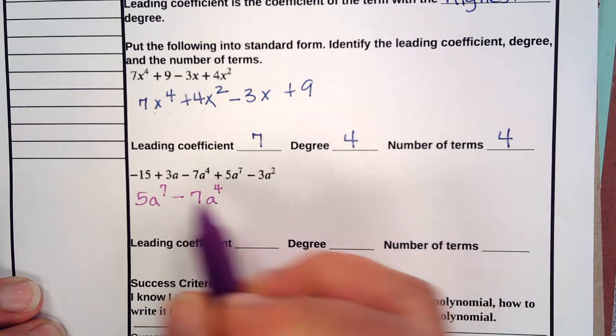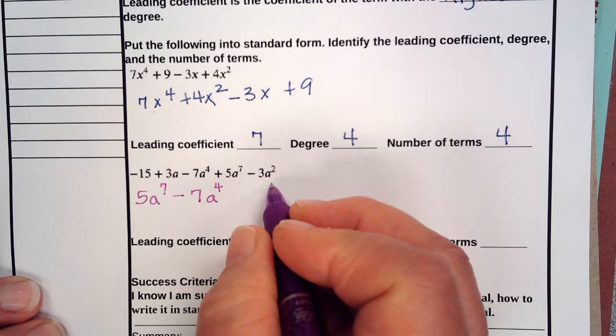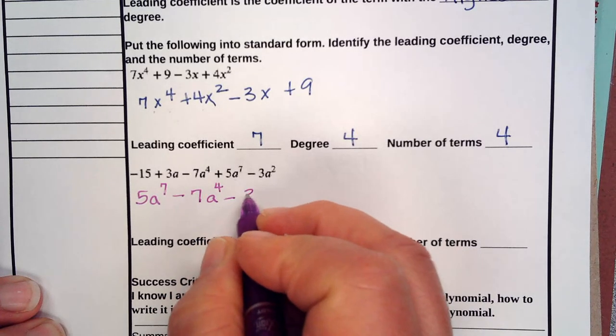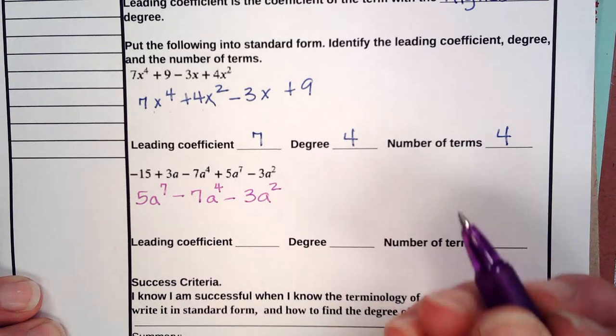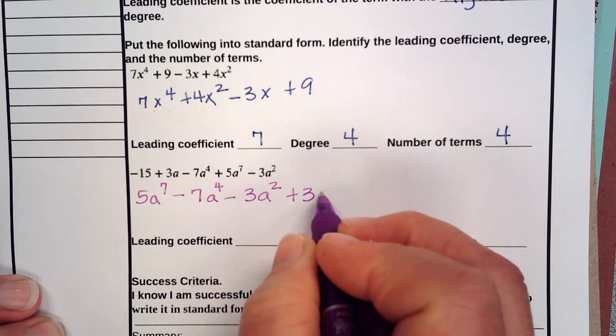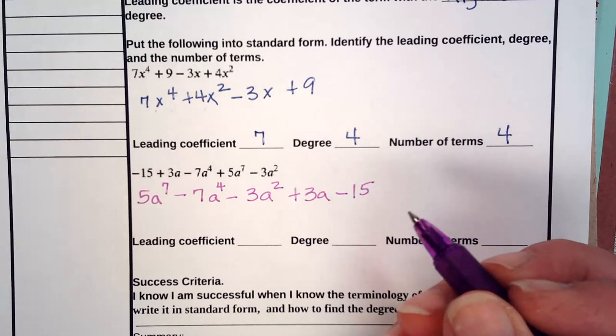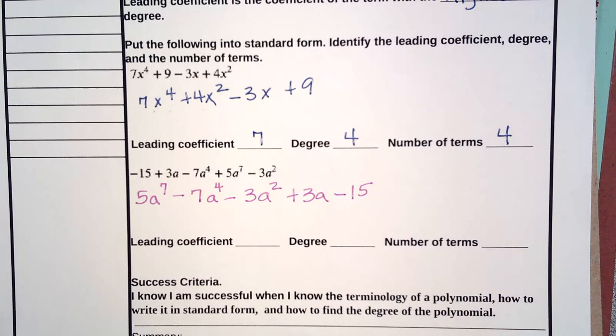Now we've got 4, we've got 1, and we've got 2 left, so it'll be a to the 2nd power, minus 3a squared. Go down to the plus 3a, and you end with your minus 15, which is your constant, which is your number.